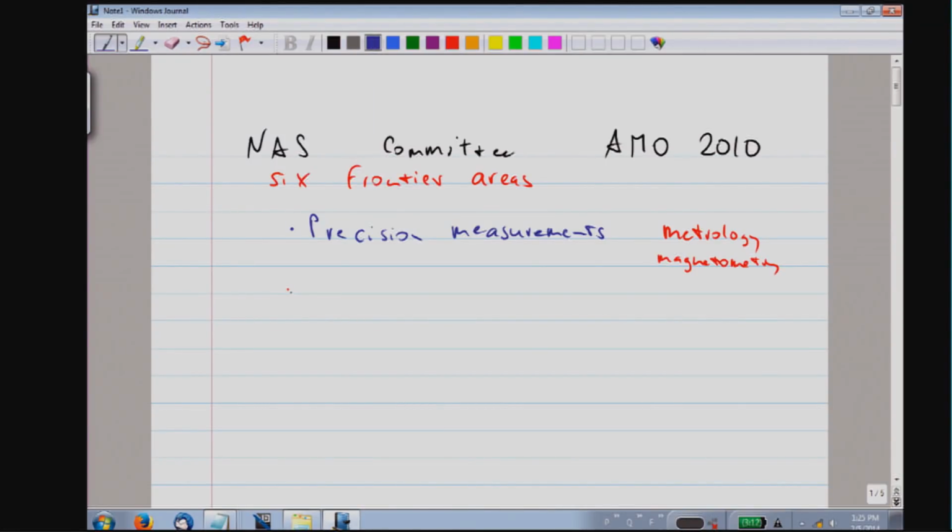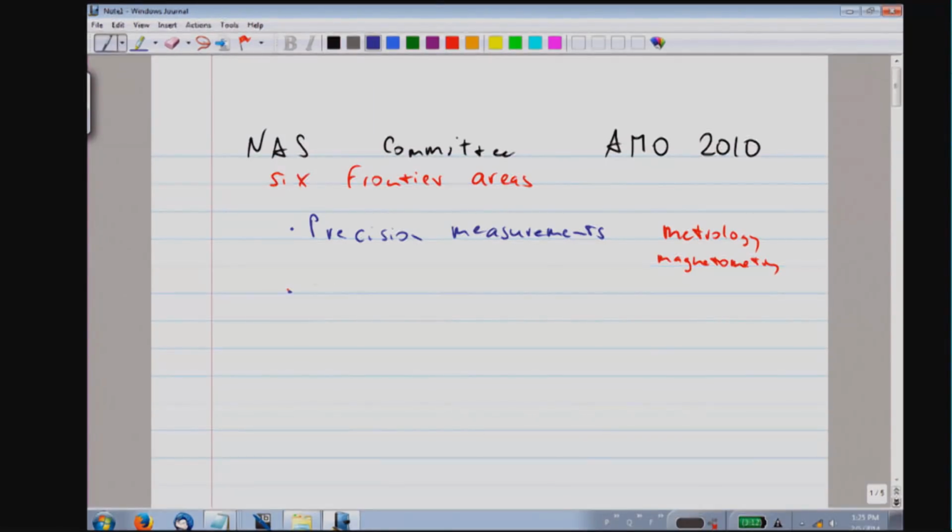Well, other frontiers are, of course, you can use the word ultra cold. We've talked about high intensity lasers, ultra intense, ultra short.